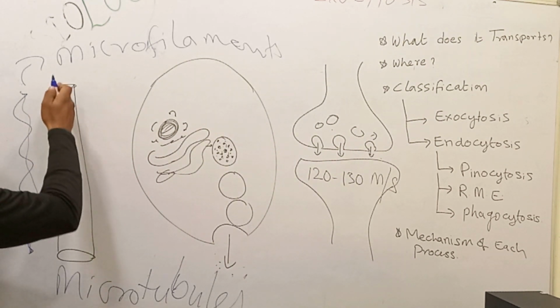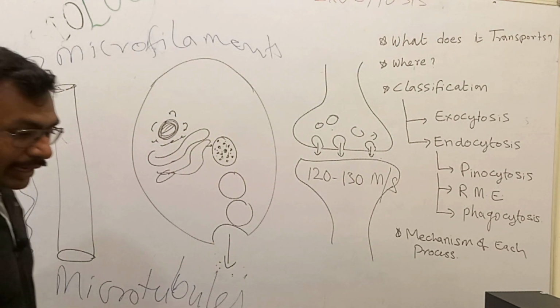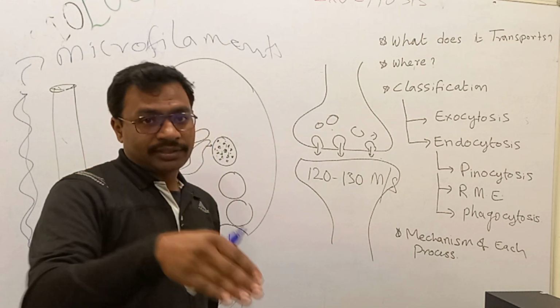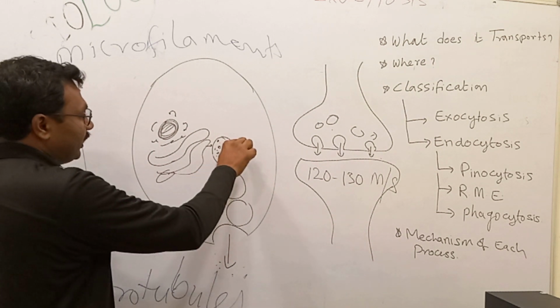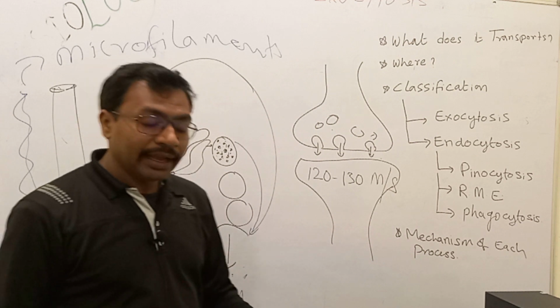And these microtubules and microfilaments act as routes, ways to transport these vesicles from one area to the other, designated area.